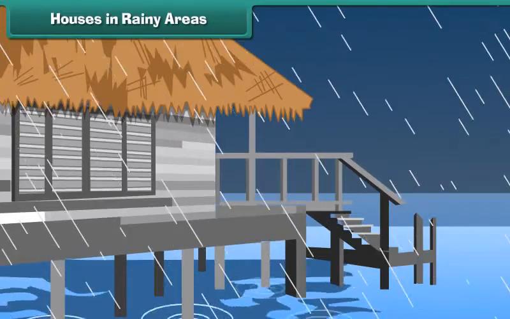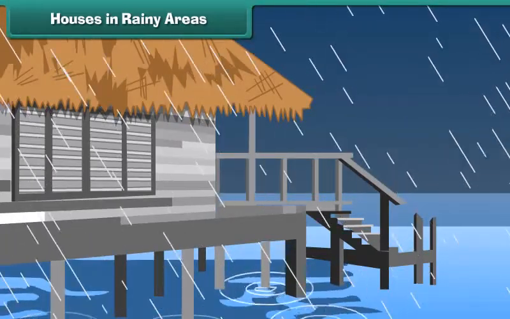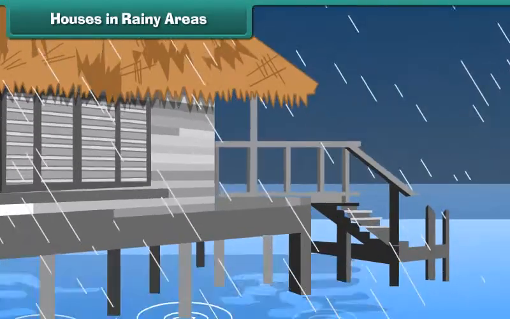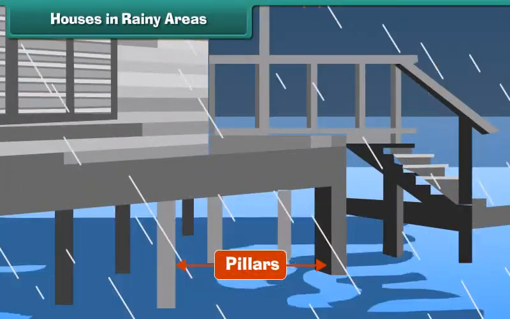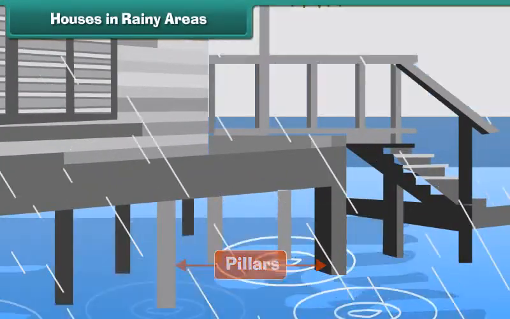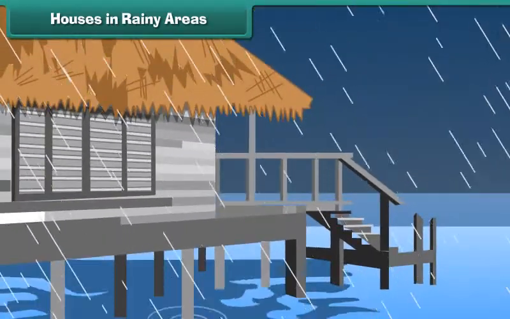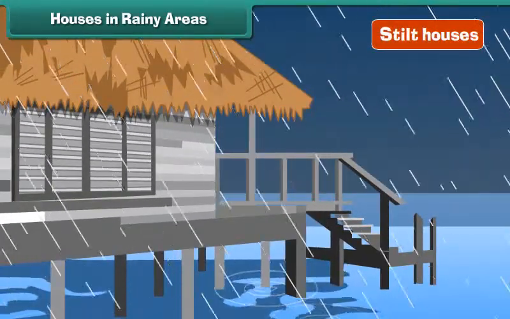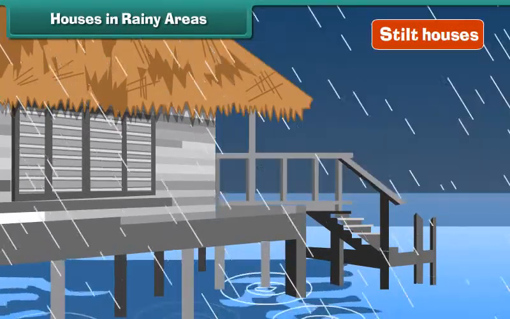In areas that receive heavy rains, houses are built at some height above the ground. These houses are supported by pillars made of bamboo known as stilts. That is why these houses are called stilt houses. Stilt houses save people from floods, which are a regular feature in such regions.